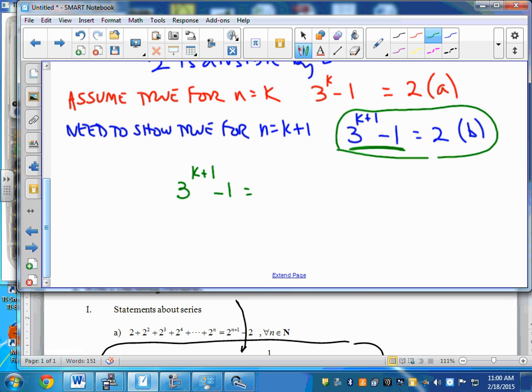That's the same as 3 times 3 to the k minus 1. Remember, the rule for exponents is if you have the same base, you can just add the exponents. So 1 plus k, that's that. Okay, so we have that. Now let's see, this is 3.